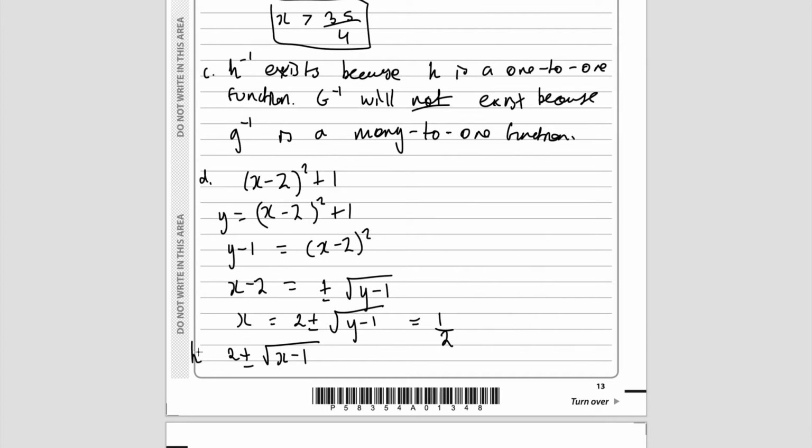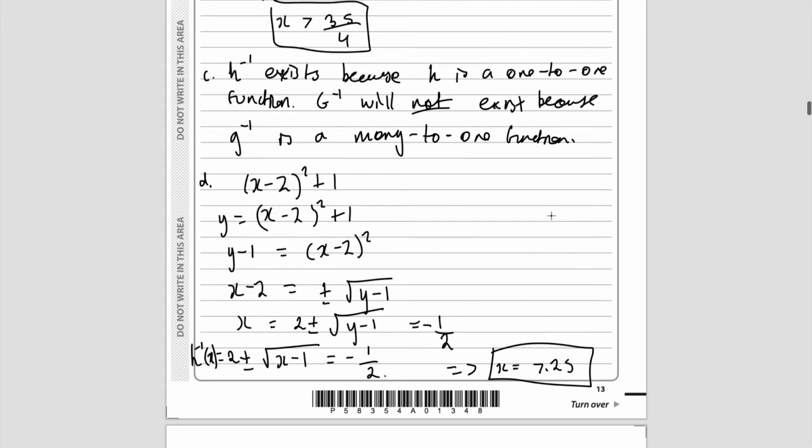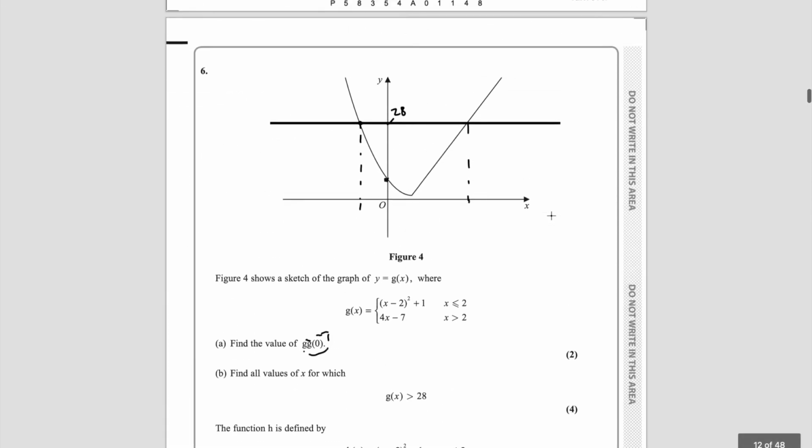And that there is going to equal h minus 1 of x. And that there we've been told is equal to not a half, but minus a half. We're just going to be rearranging this around. We subtract 2 from both sides, we square this value here, and we add 1, and that gives us an x value of 7.25. And that there is the answer for question number 6.